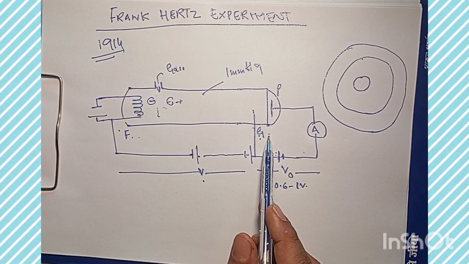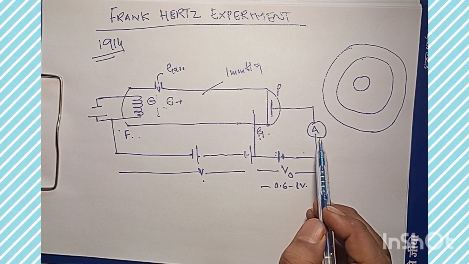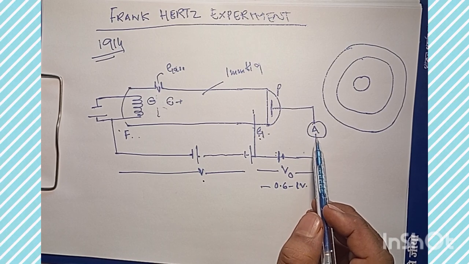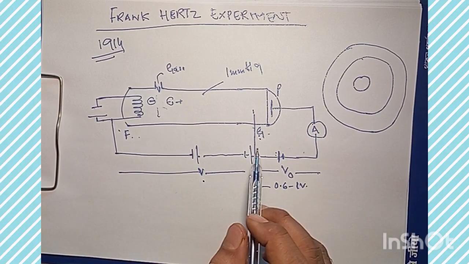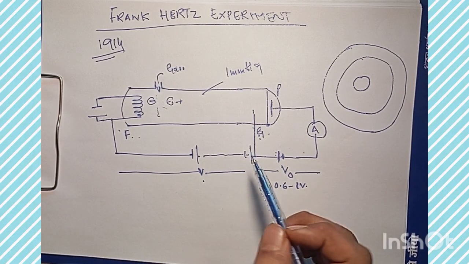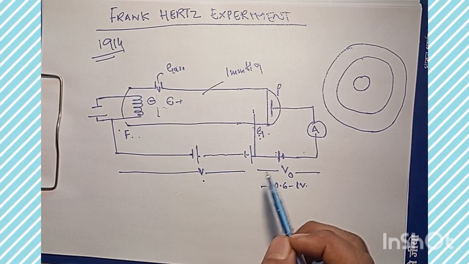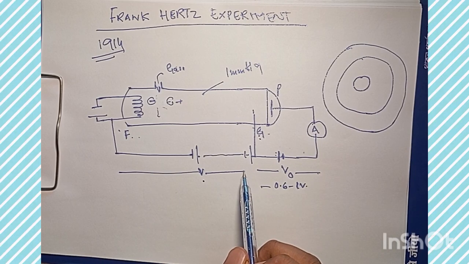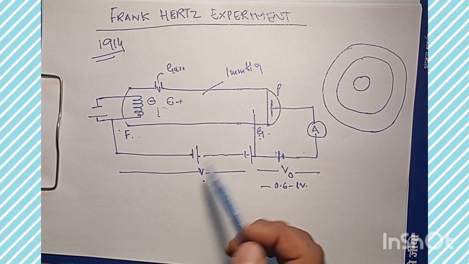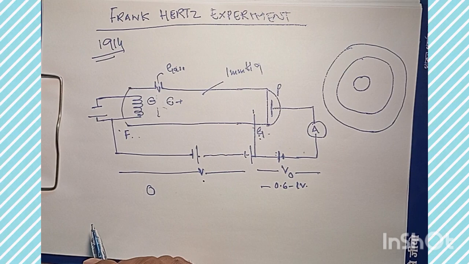This plate P is connected with an ammeter where the current can be recorded, and what we obtain is the current, which is plotted against the potential V, which is gradually increased from zero voltage.